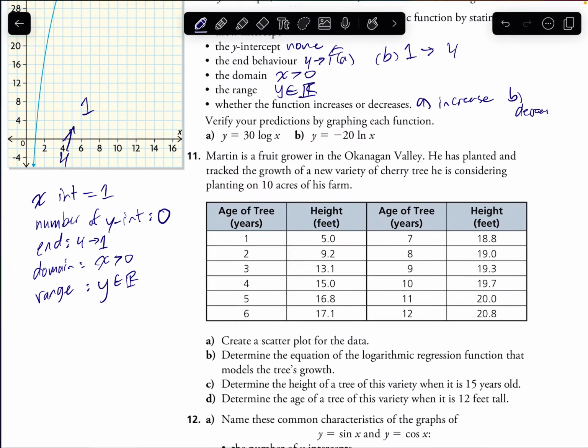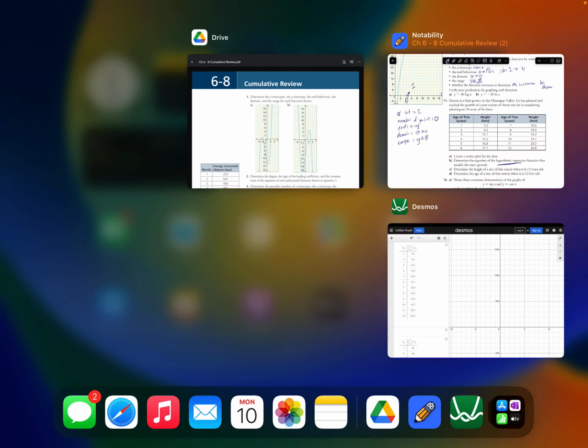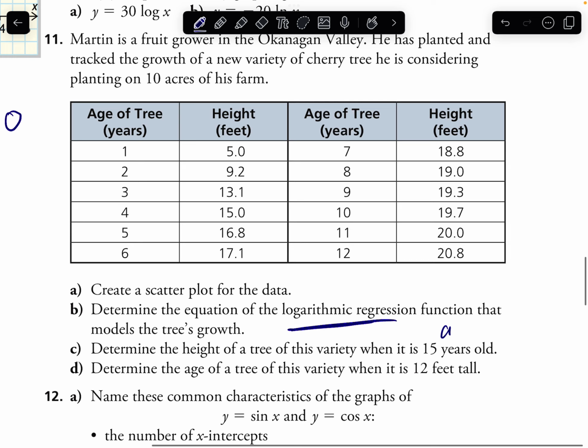Determine the equation of the logarithmic regression function, which is going to be in the form a log x plus b.